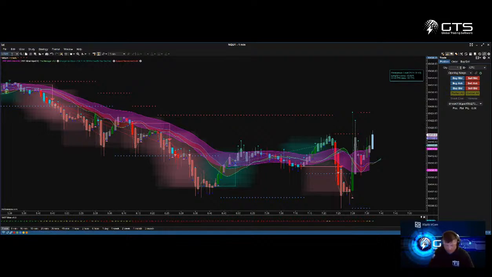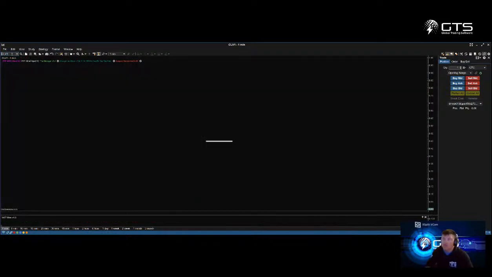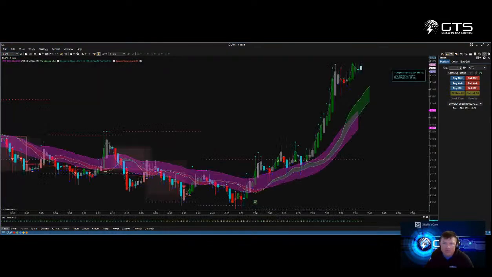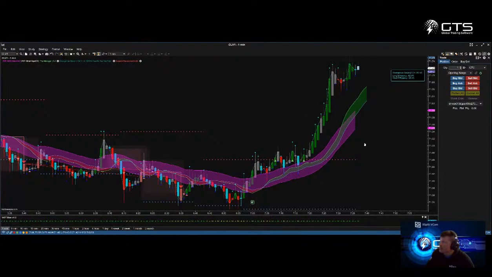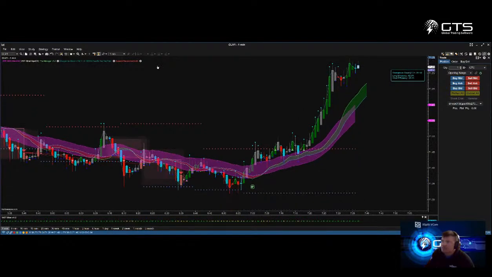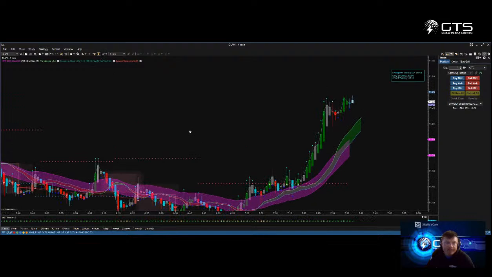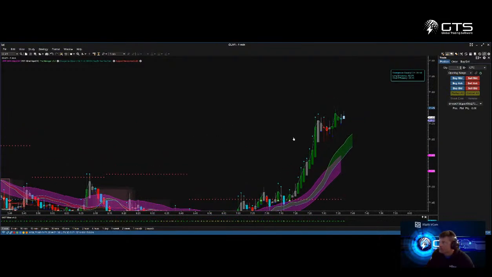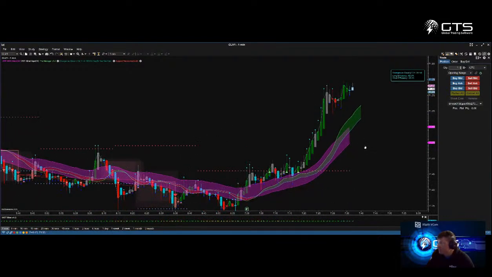Let's look at the oil, CL V1. I think V is the correct contract. Oh wow, look at that. All right, looking pretty good. I did not catch the opening range trade on this.